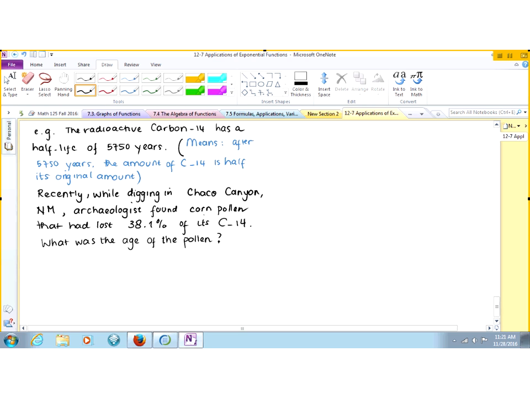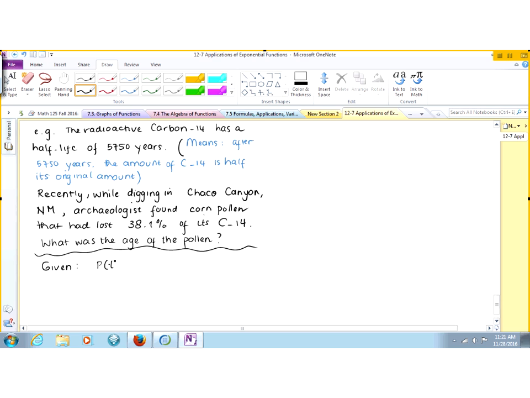Okay, so what do you think will happen here? First we have to find K, right? Because we don't have K. Do we have K or not? No, we have to find the model. So what is given? Half-life is 5,750 years.